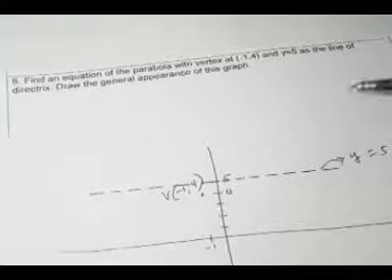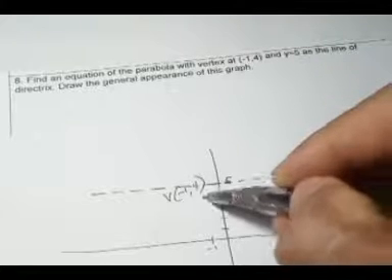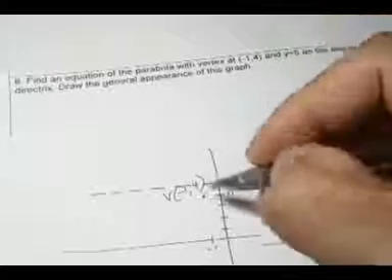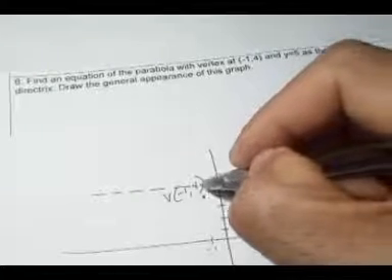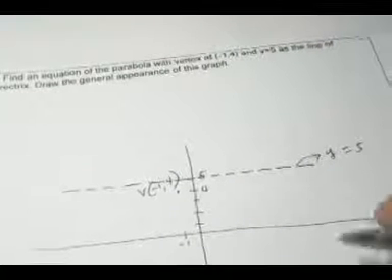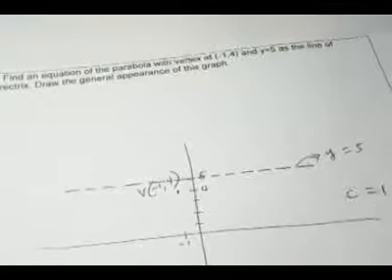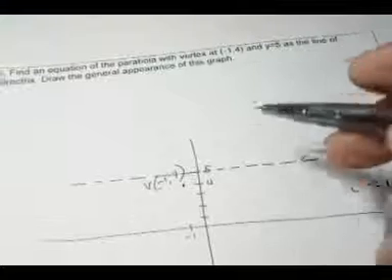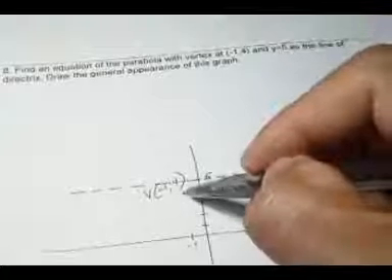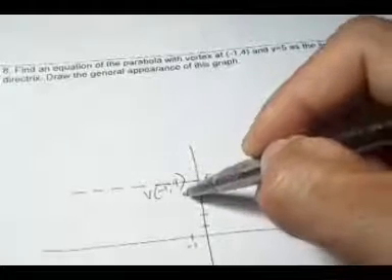So take note that if this is the vertex and this is the directrix, the distance from this point to this line is 1. So C is equal to 1. And its focus is at a distance of 1 from the vertex.